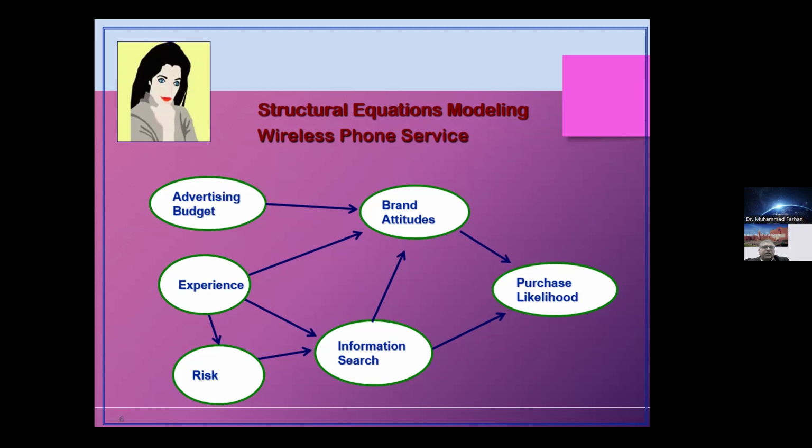There are relations here and there, there could be intermediate variables, and there could be variables which moderate the relationships. So two things: multiple variables, and multiple relationships in a complex structure.